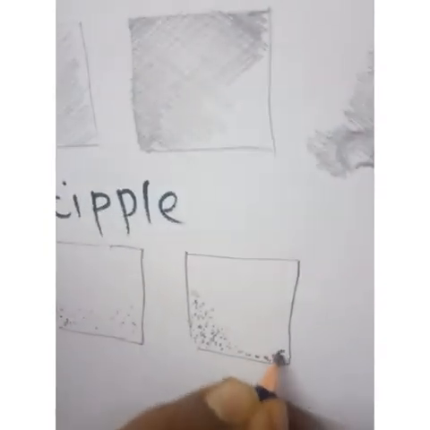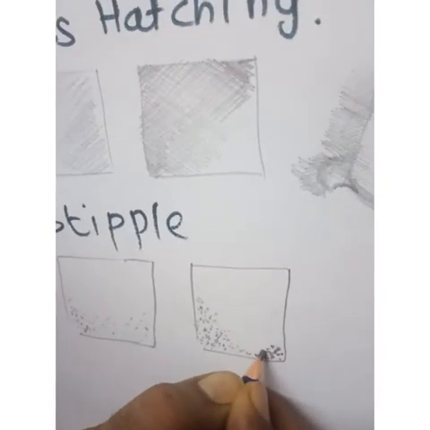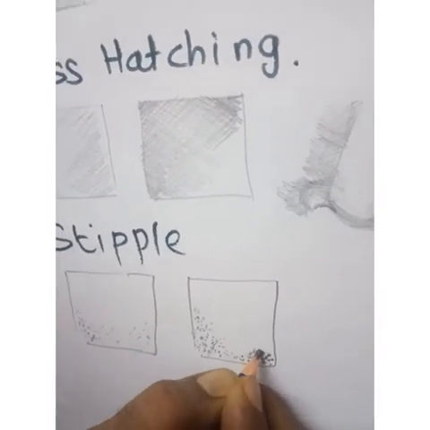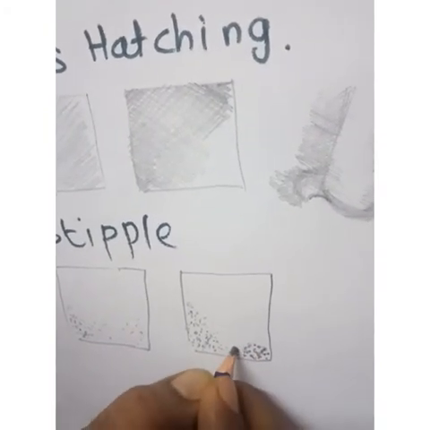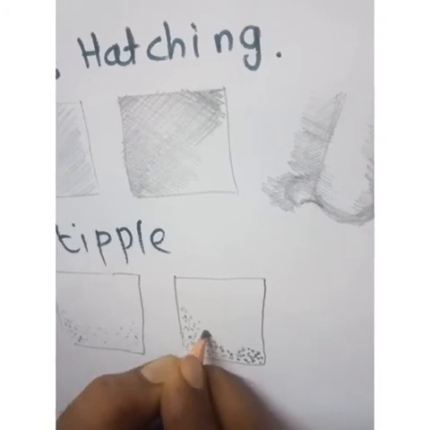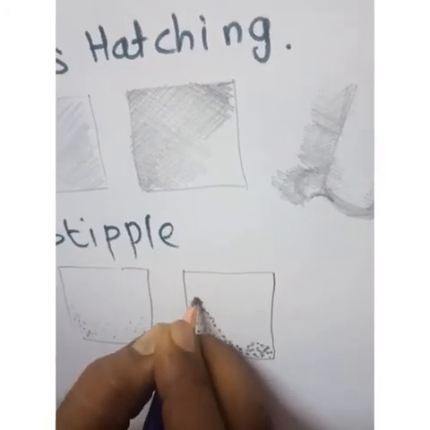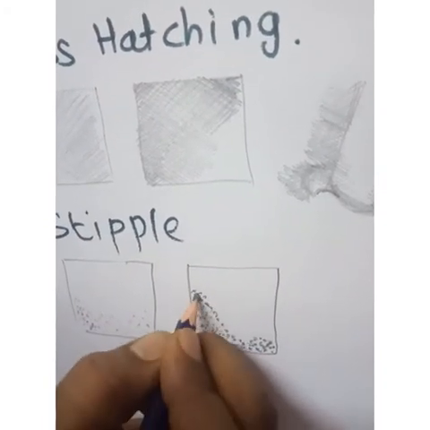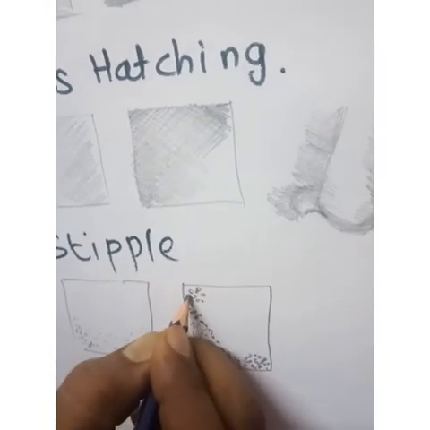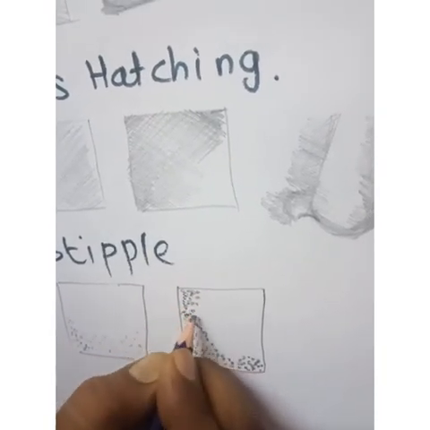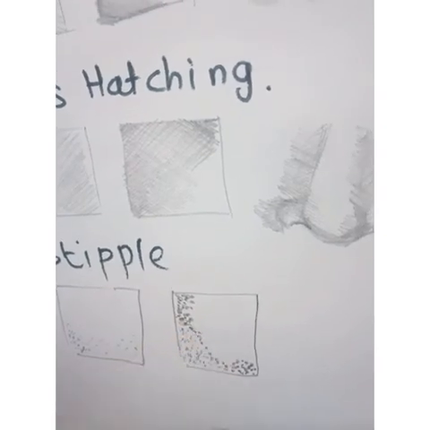Where you need dark dots, you are going to make dark dots there. Any drawing you can use this technique. For object drawing also, it gives a beautiful effect. Stippling like this.